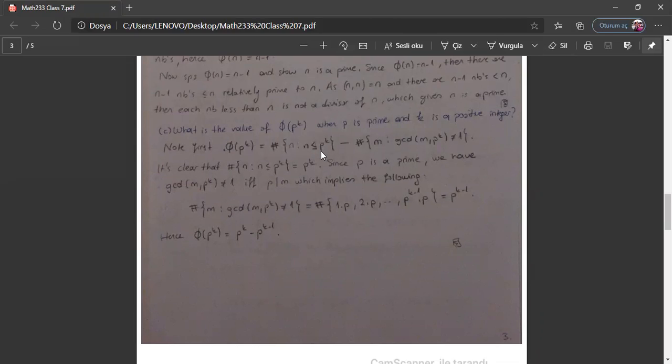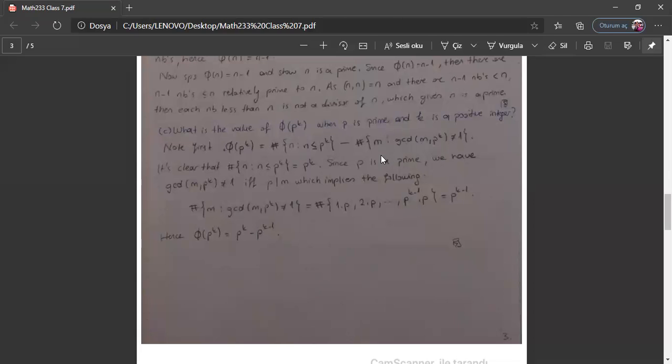So the number of the numbers that are less than p to the k, this set gives us that. Now what about this? This gives us the number of the elements that are not relatively prime to p to the k.